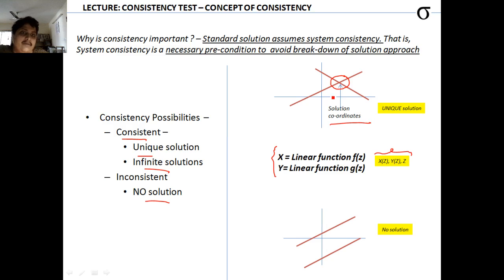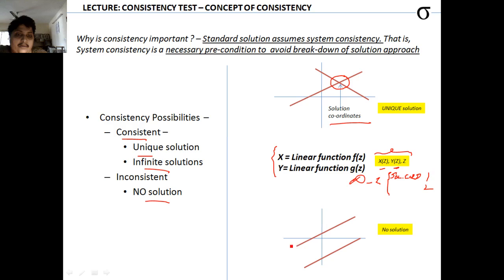So you are essentially looking at the solution coordinates as a function of z. That means for each value of z, you get solution coordinate one, two, and so on. That is only limited by the number of values of z, which effectively means you have an infinite solution set.